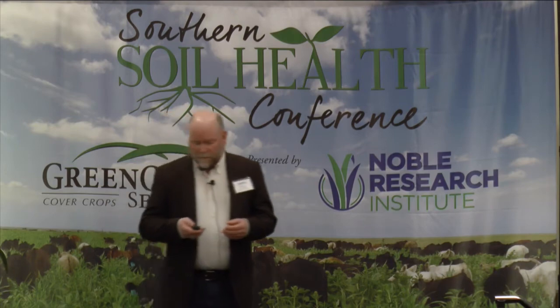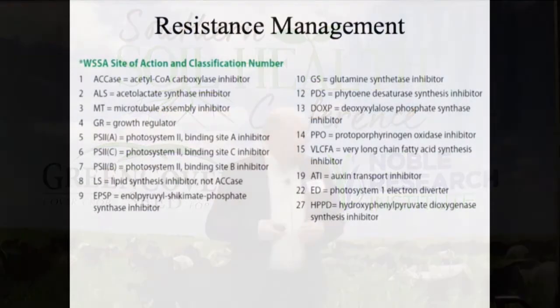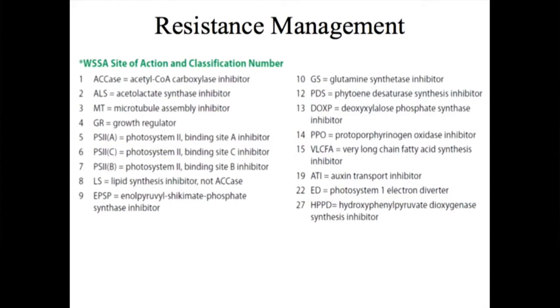So what we want to do is look at some other things as a resistance management tool. The Weed Science Society of America has basically divided all of our herbicide families into different site of action classification numbers.